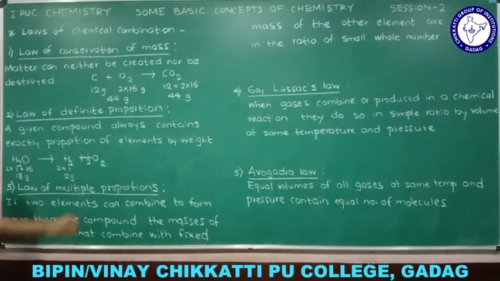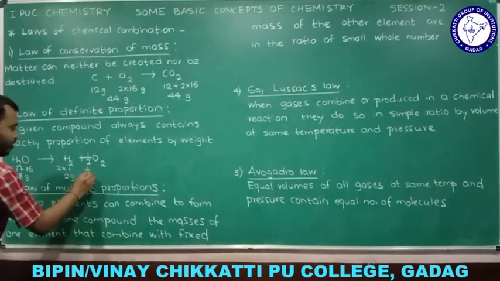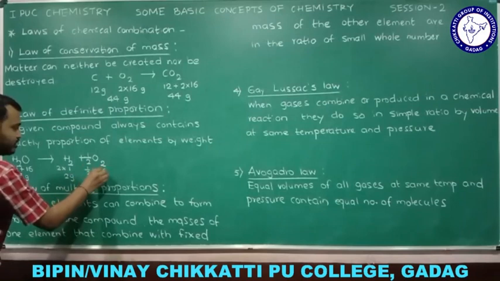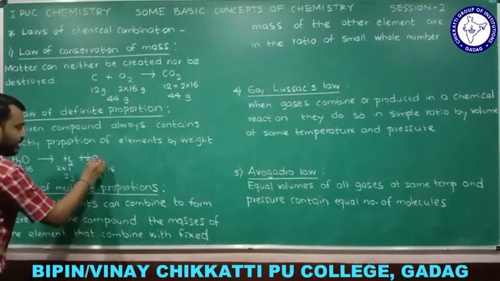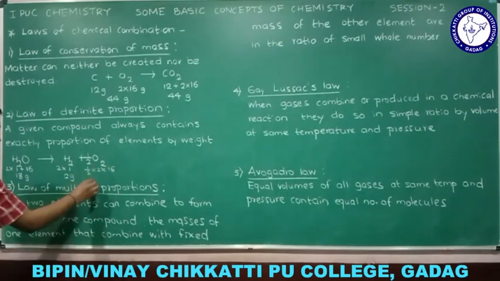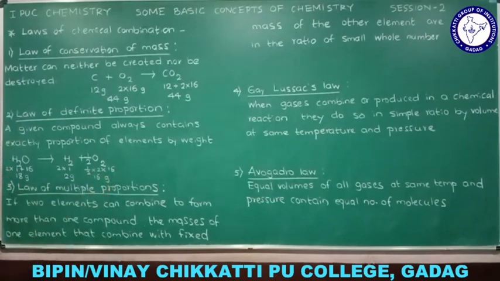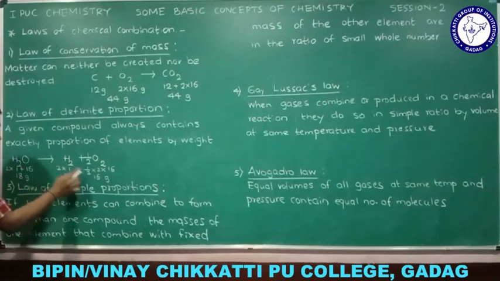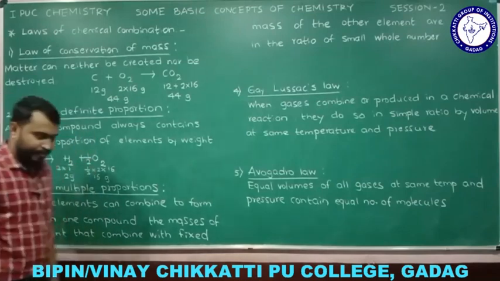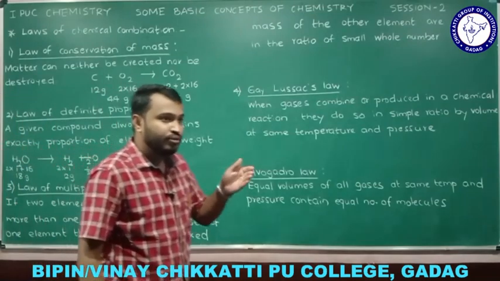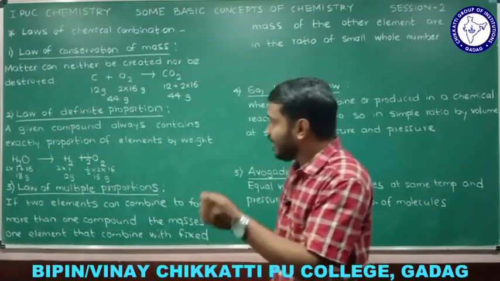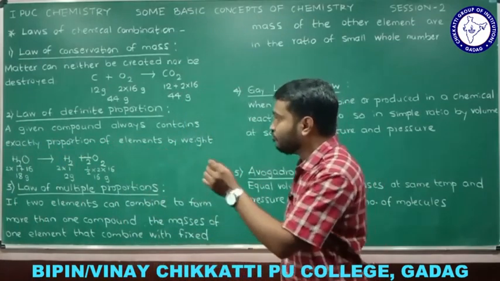And oxygen, half into 2 oxygens, each oxygen atomic mass is 16, the 2 cancels, we get 16 grams. So what is the meaning here? 18 grams of water contains 2 grams of hydrogen and 16 grams of oxygen. I repeat, 18 grams of water has 2 grams of hydrogen and 16 grams of oxygen.